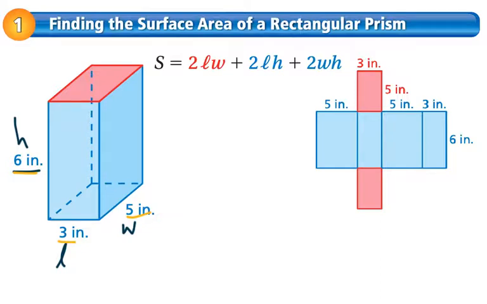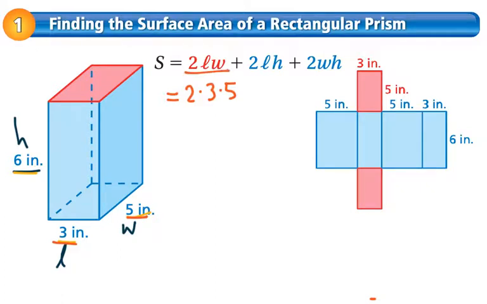So we start off here by finding the surface area by taking 2 times the length times the width. The length down here we see is 3 inches, so 2 times 3 times the width, which is 5 inches. And then we're going to do that for each part of the formula as we go through it. I'm going to spread these out to help us see each one.